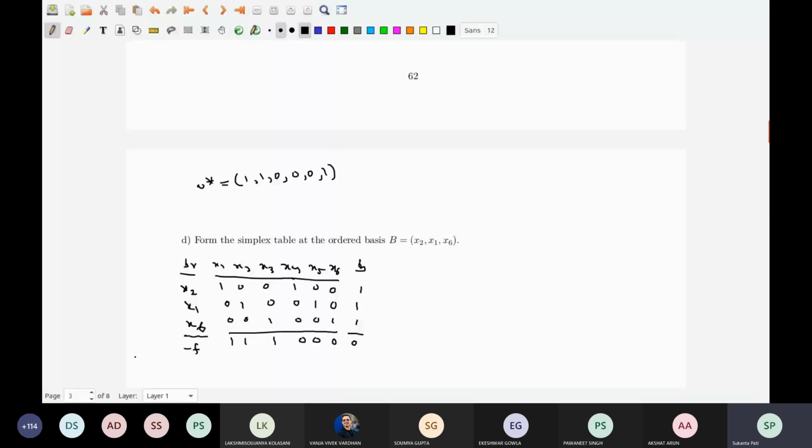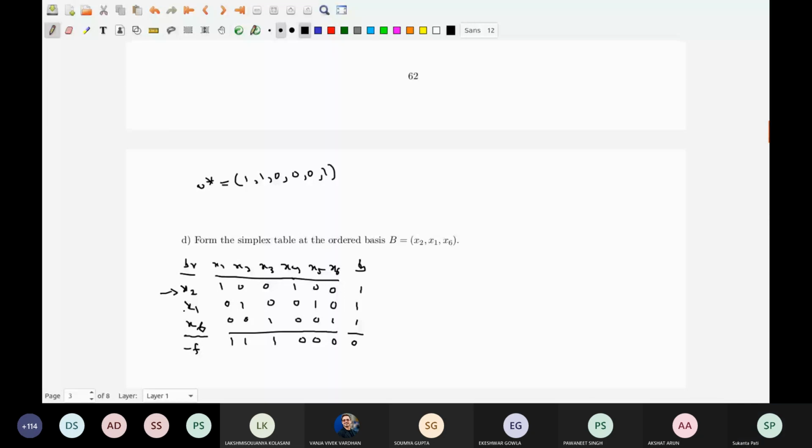From here, it will be converted to simplex table if the column below the first basic variable should look like 1, 0, 0. Column below the second basic variable should look like 0, 1, 0, E2. Column below the third basic variable should look like 0, 0, 1, E3.